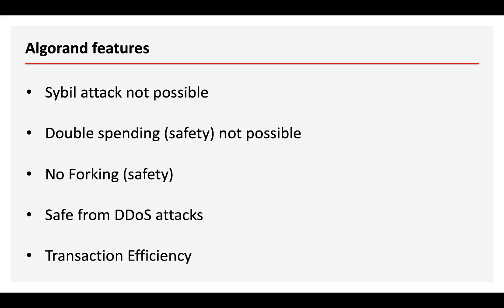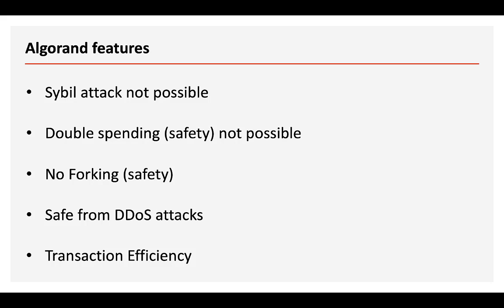Now here, since you are choosing randomly about, let's say, 1000 nodes, but they are different from one epoch to the other, and these epochs are very fast, by the time the adversary knows that this is a member of a committee, so let's DDoS this one, the next epoch comes, and then the committee member is no longer a committee member, so DDoSing that committee member does not stop the process of building the next block from happening, and therefore it's kind of safe from DDoS attack.